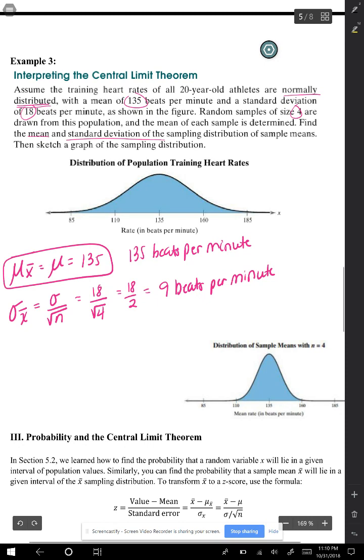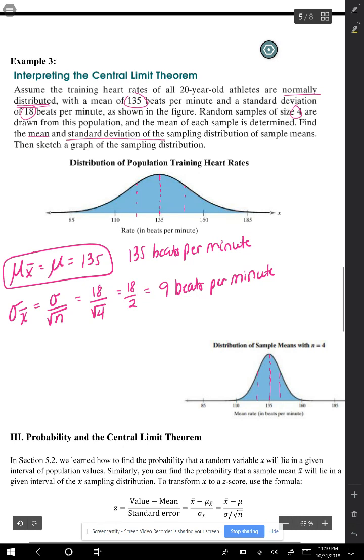So we've got a mean of 135 and a standard deviation of 9. What you can see here is that the population was normally distributed with a mean of 135 and a standard deviation of 18. So if we went down 18 or up 18, that would be our standard deviation. When we go to the distribution of sample means, we have the same mean, but now our standard deviation is only 9.